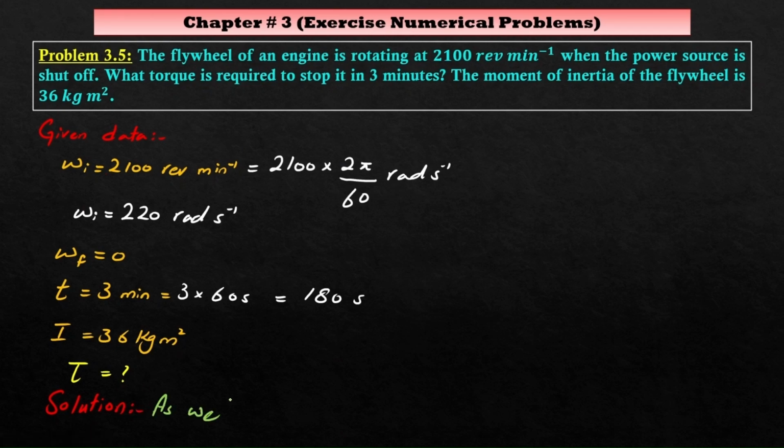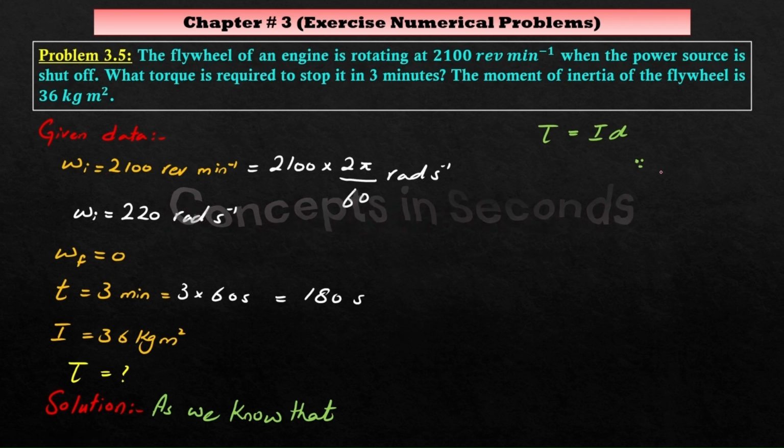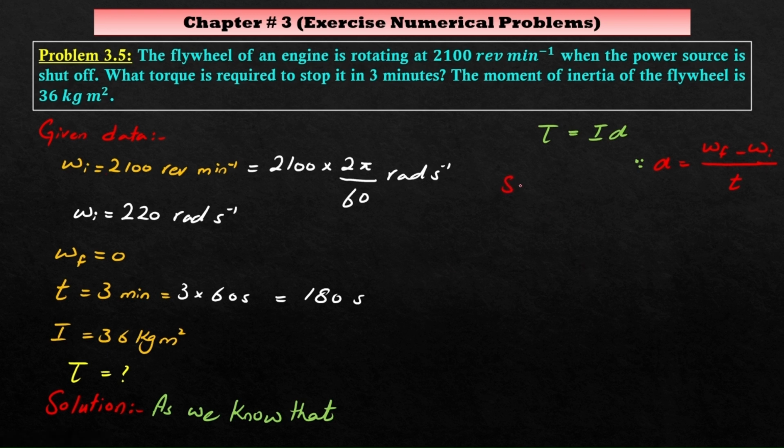As we know that in angular motion, torque is equal to I alpha. Further, alpha is the angular acceleration, which is equal to omega f minus omega i divided by t. Putting the value of alpha in the above formula, tau is equal to I multiplied by omega f minus omega i divided by t.